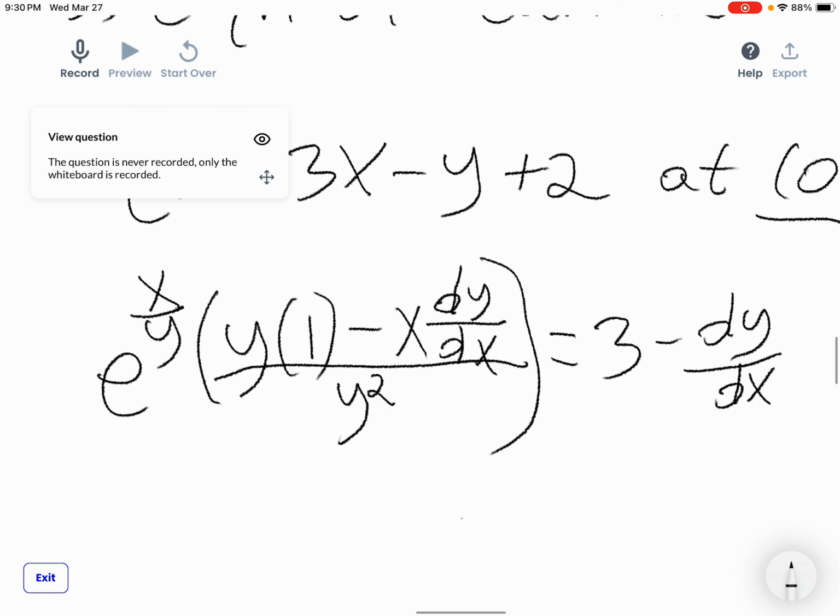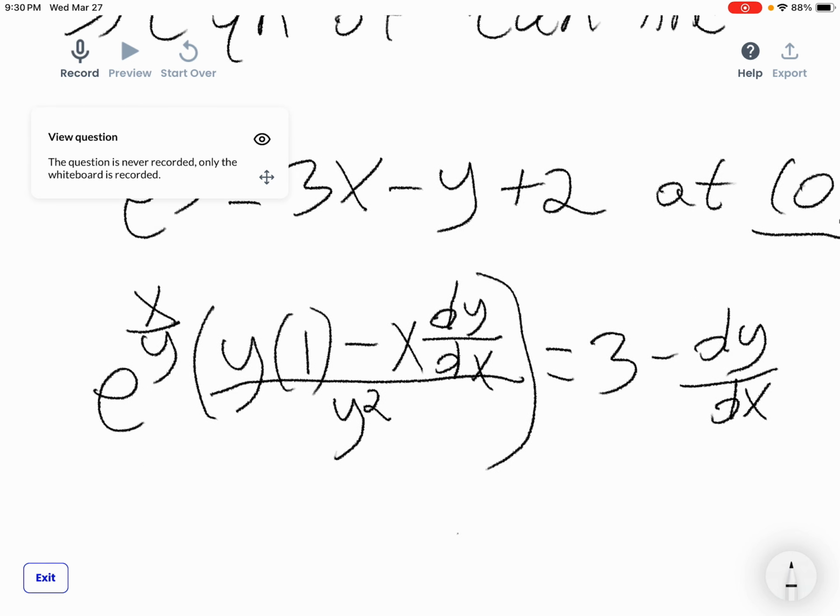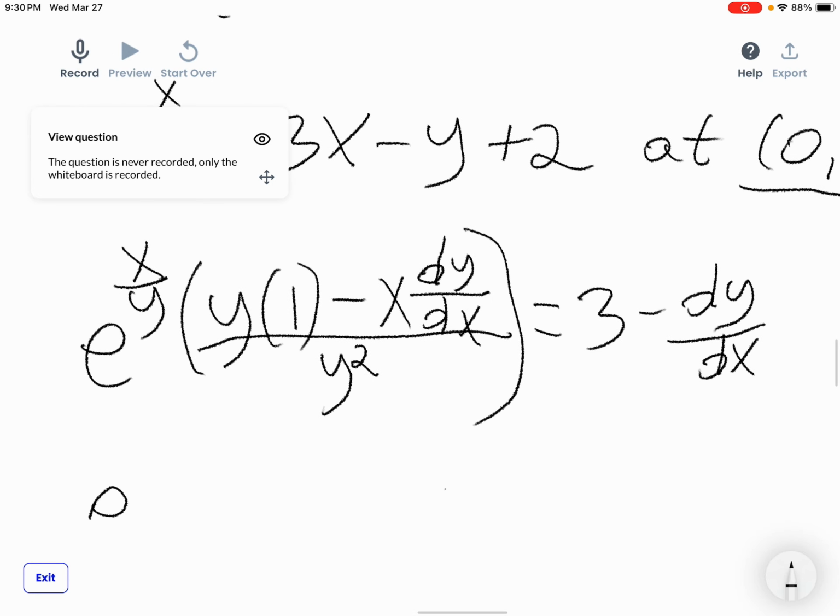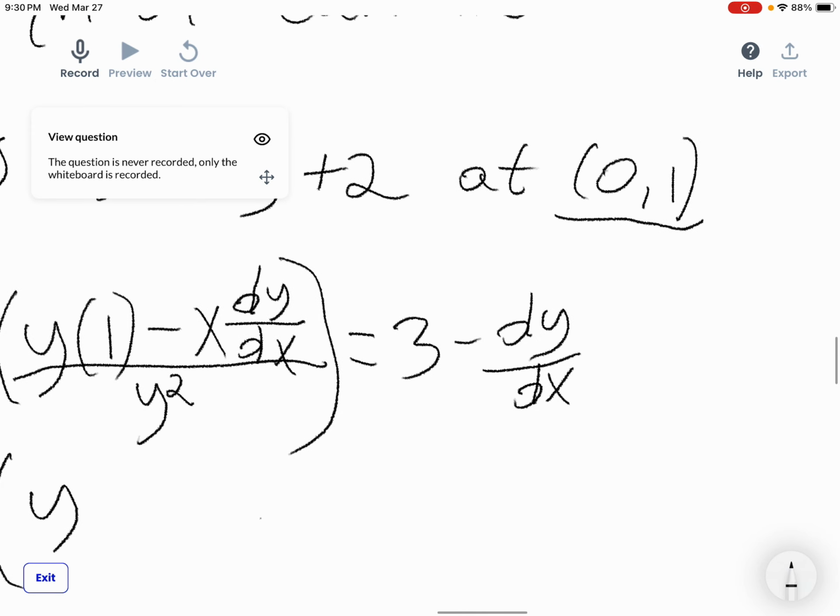What do we got? That's going to be e to the 0 over 1, which is just e to the 0. And e to the 0 is 1, because anything to the 0 power is 1. So we have e to the 0 multiplied by y times 1, and remember, y is 1.